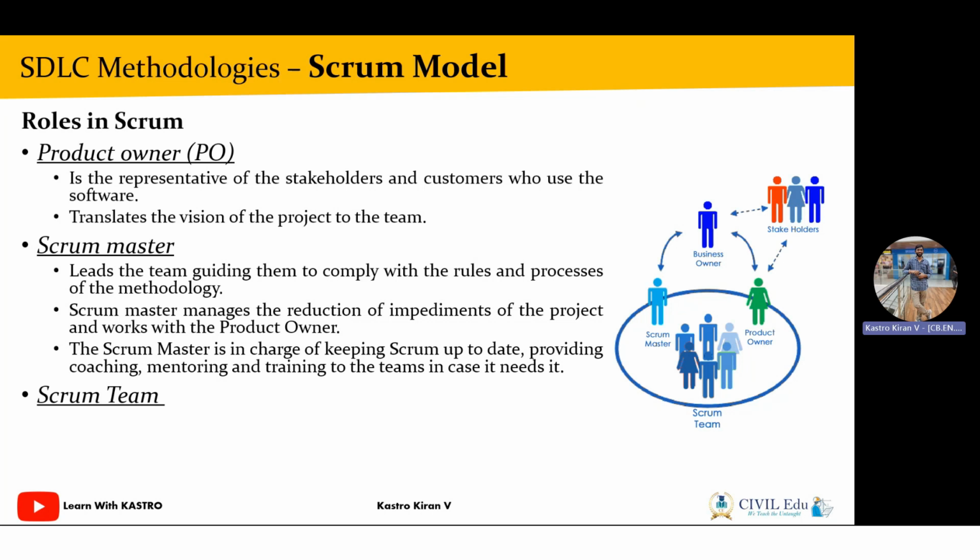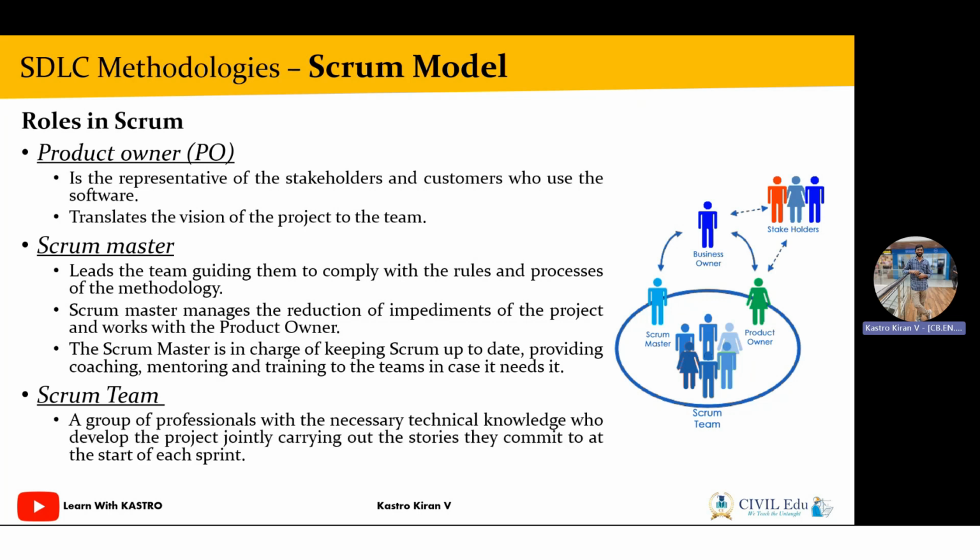That's the role of the Scrum Master. And then comes the final role, which is called the Scrum team. The Scrum team usually consists of developers who have the technical knowledge in order to develop the project or to write the code which is required according to the client. So these are the different roles that are available in Scrum.